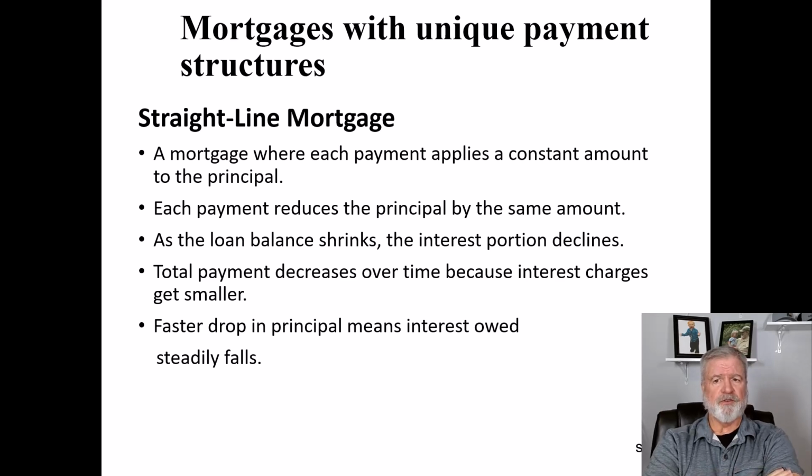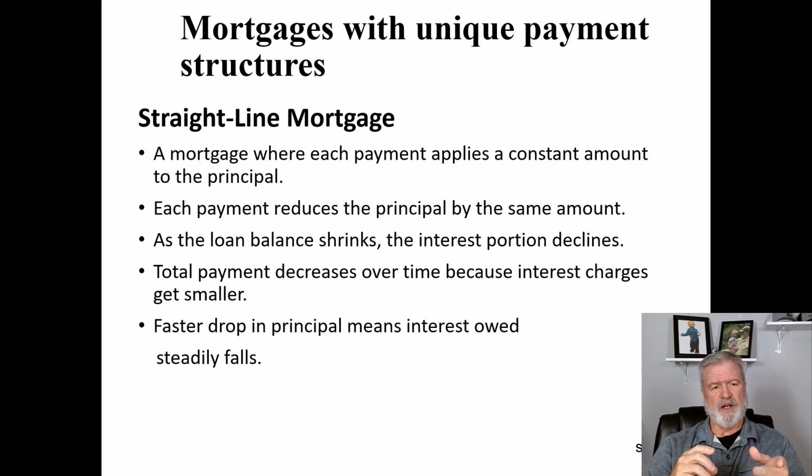And then the last of these unique payment structures is what we call a straight line mortgage, where each payment is going to apply a constant amount to the principal. Each payment will reduce your principal by the same amount. Your loan balance is shrinking because you're paying off the loan, and the interest portion declines. This is kind of like a fully amortized loan.